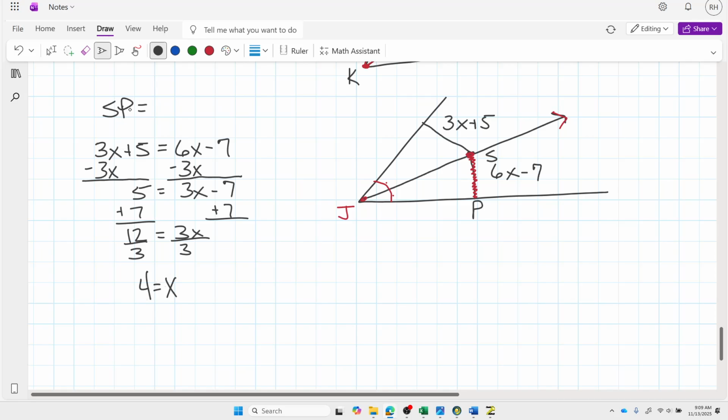But you need S to P. So S to P is this expression right here, the 6x minus 7. So we need 6 times 4 minus 7. 6 times 4 minus 7, 17. Very good.